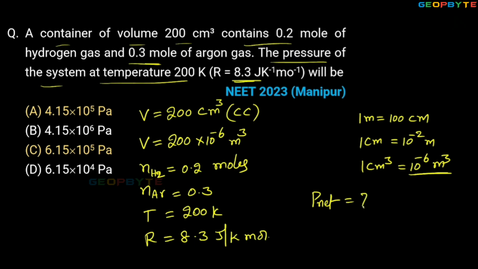Two gases are there. One gas is hydrogen, the other gas is argon in the container. For that, let us take the ideal gas equation, because both hydrogen and argon come under ideal gases. For ideal gases, the equation is PV equal to nRT.